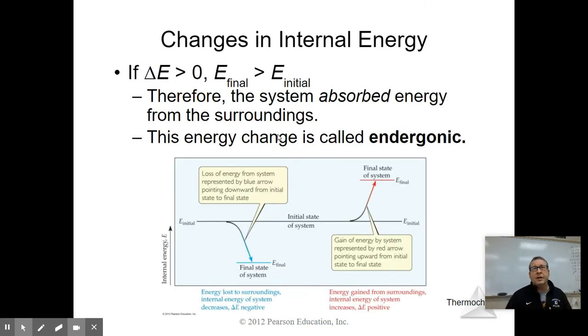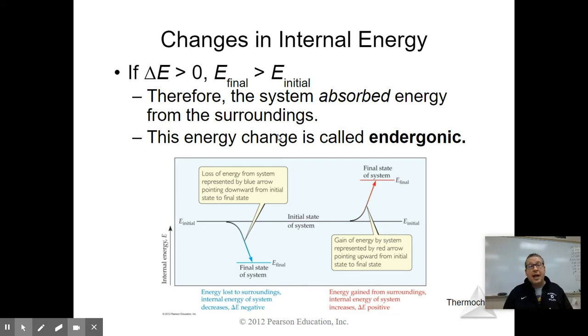So we have a couple scenarios. If we have a change in energy where the final energy is greater than the initial energy, so the system has gained internal energy, in this scenario, the system has absorbed energy from the surroundings, okay? Well, energy being absorbed, you take in energy, you're going to have more energy there. So our final energy would be greater than our initial.